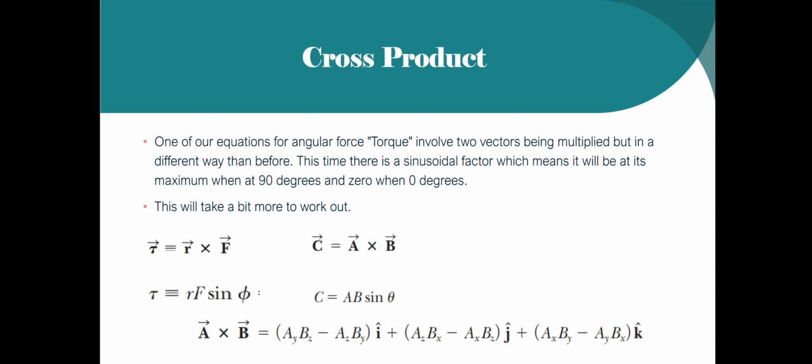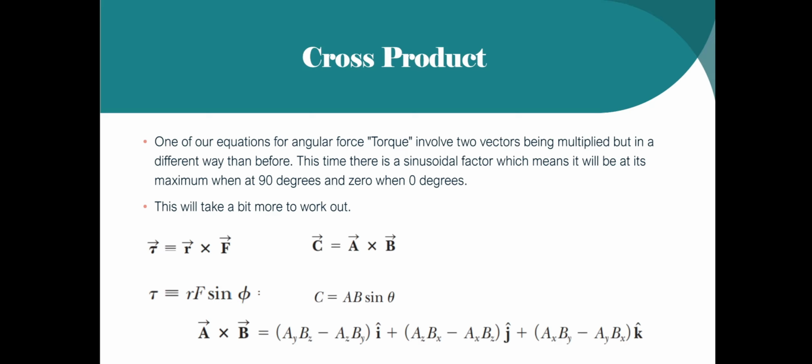For torque, taking one step back here, it actually was two vectors that were multiplied together, but there is a slight difference to what it was before when we had looked at two vectors multiplying together. We had previously looked at work, where the two vectors were comparative with a cosine function.